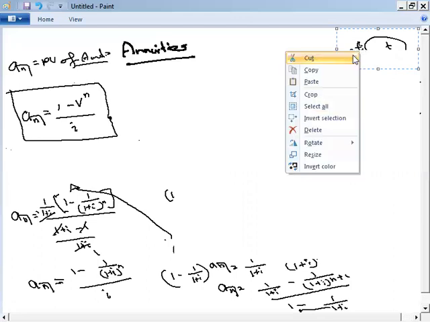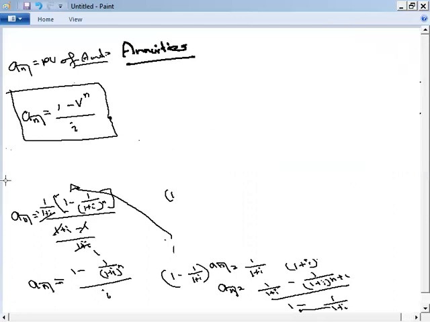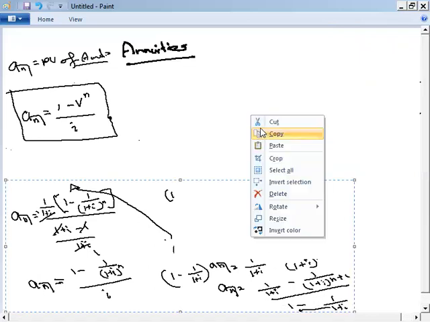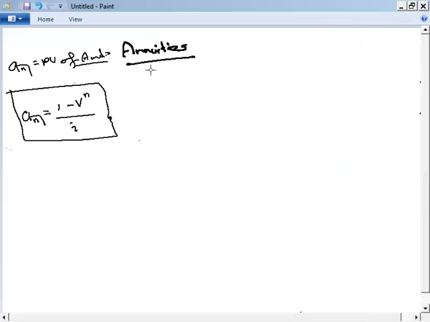I will erase the whole thing; we won't require this. So what about the future value? You know that starting from 0 to n, the present value of the annuity is what? 1 minus v to the power n divided by i.